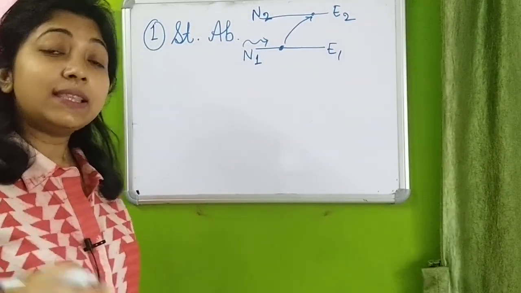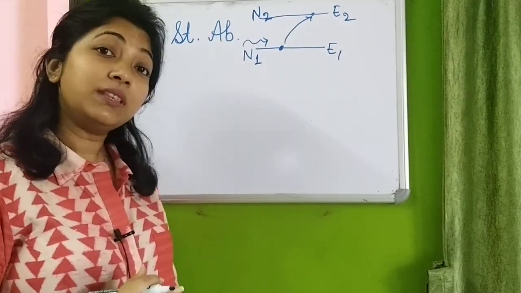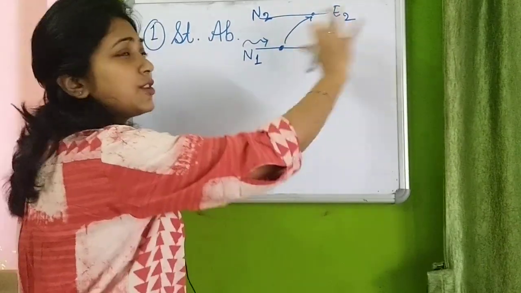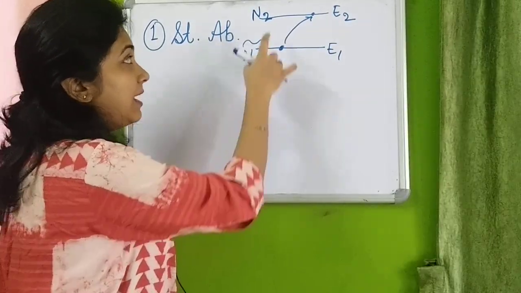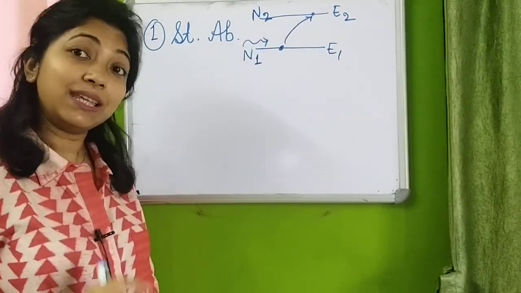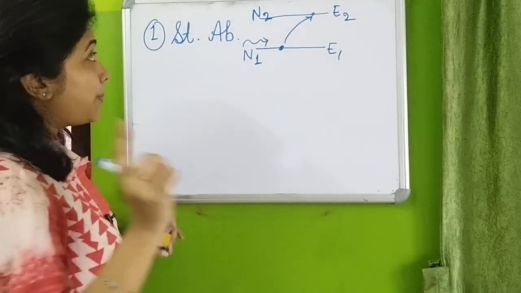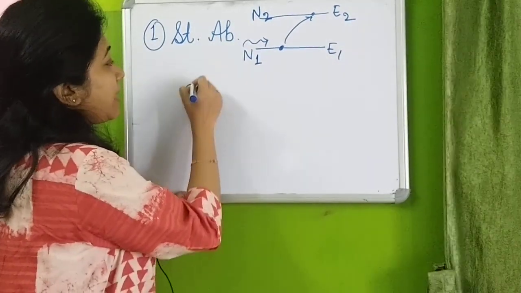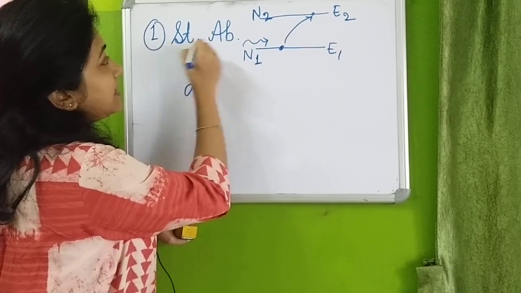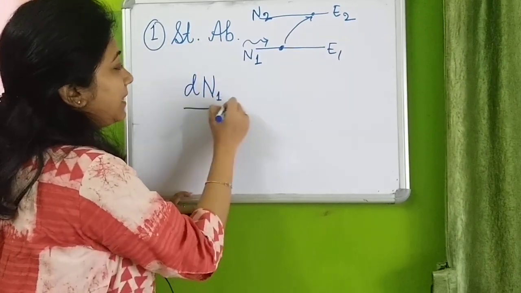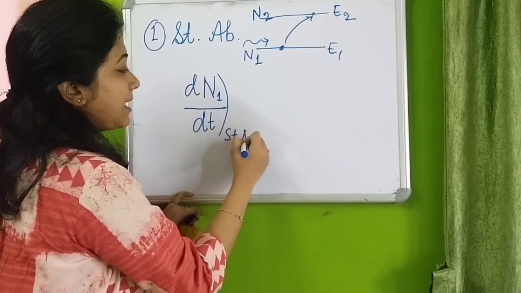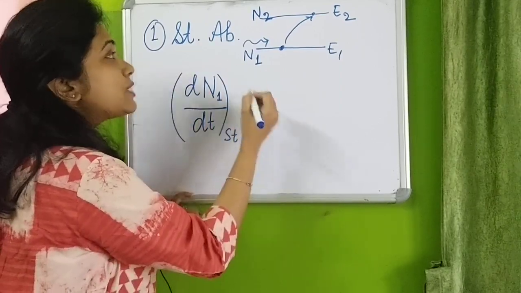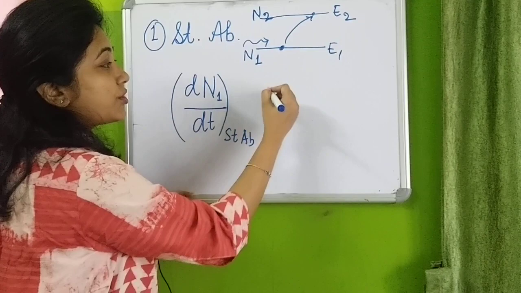However, remember, this entire process is occurring within the medium for a large number of such electrons. So N1 is the number of electrons in E1 and N2 is the number of electrons in E2. Now, as per Einstein, the rate of stimulated absorption, dN1/dt, is proportional to what? Obviously proportional to N1.